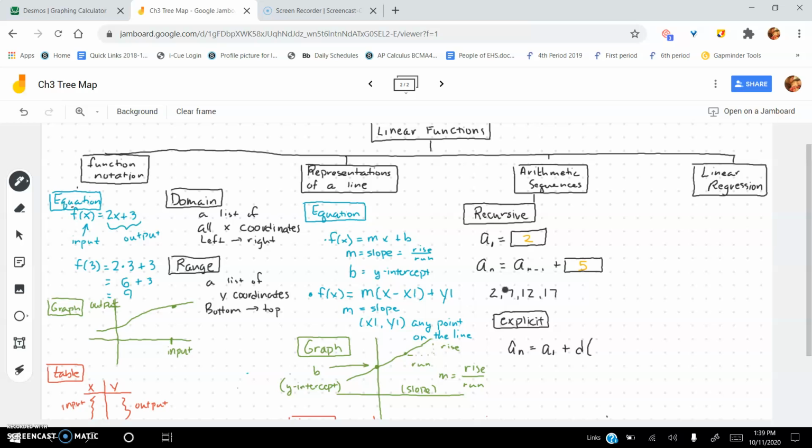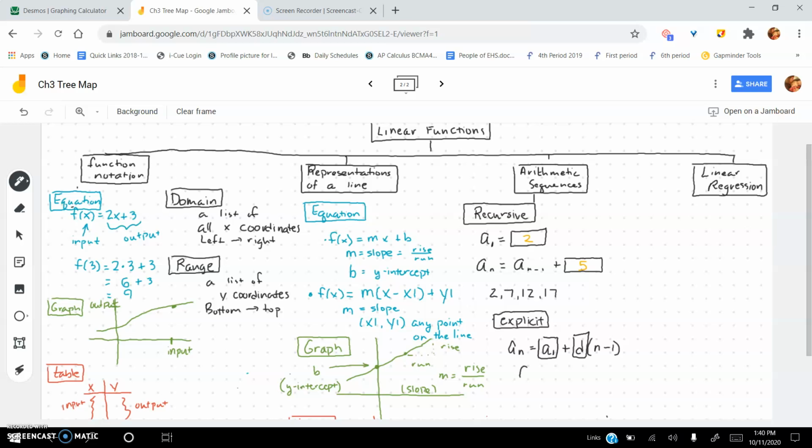The only one I didn't add a common difference on would be the first term, so it's going to be n minus 1. Again, the only parts that you ever change would be the d and the a sub 1.